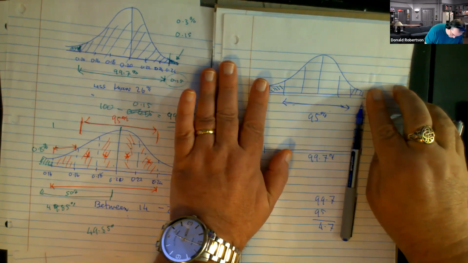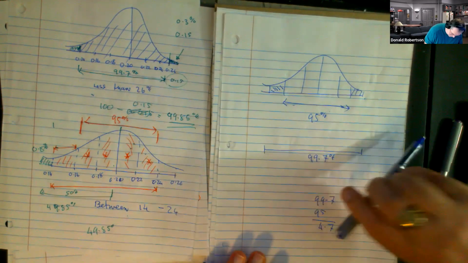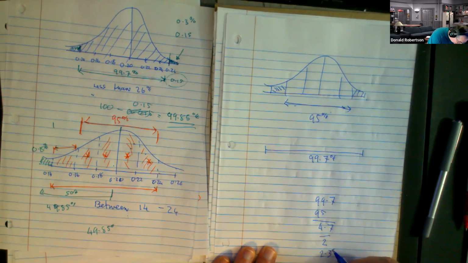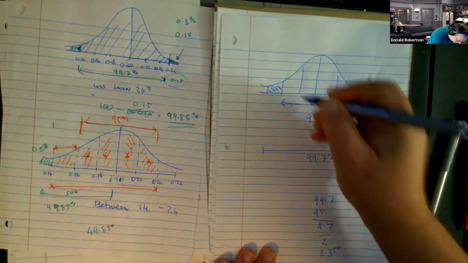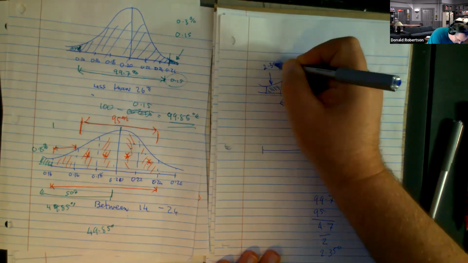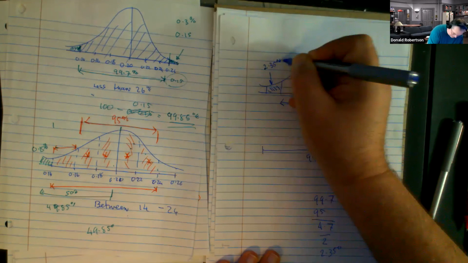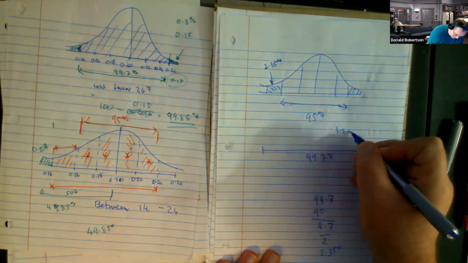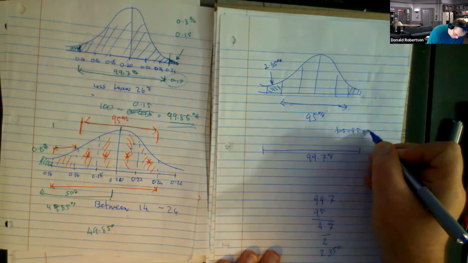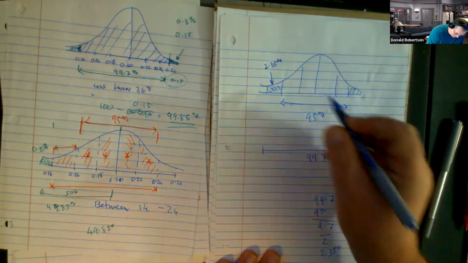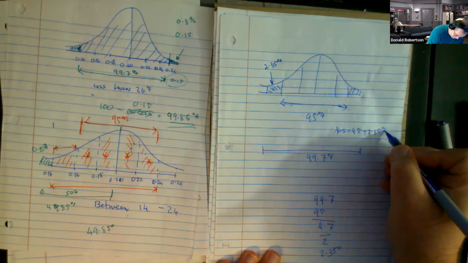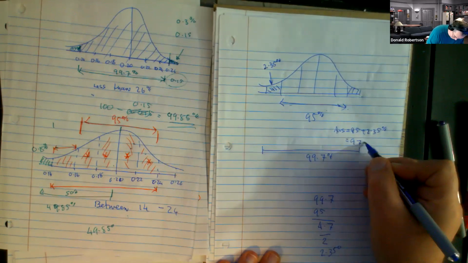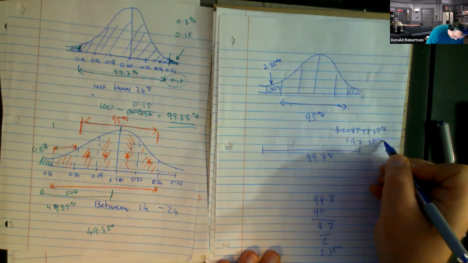If you divide them by 2, you get 2.35%. There we go. That guy there is 2.35%. This bit here is 95. My answer is 95 plus 2.35 for that extra little piece. And that is 97.35%.